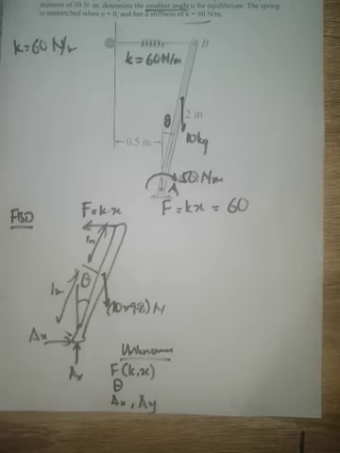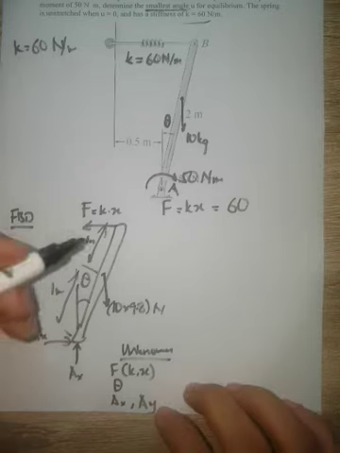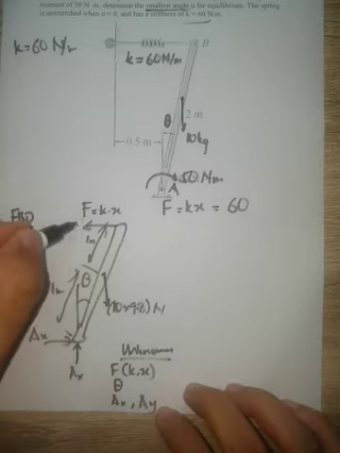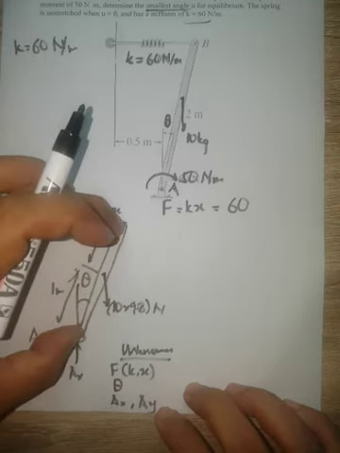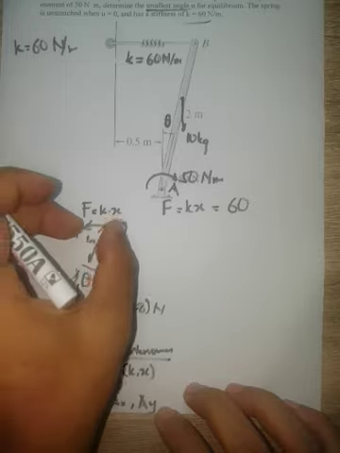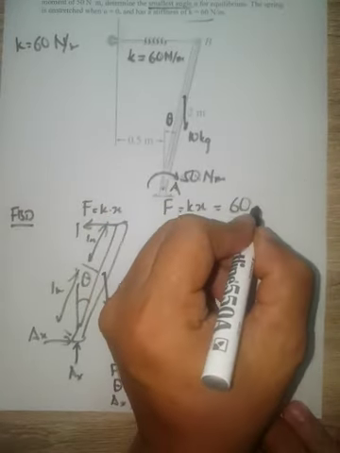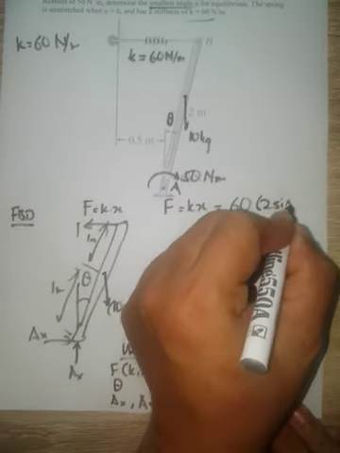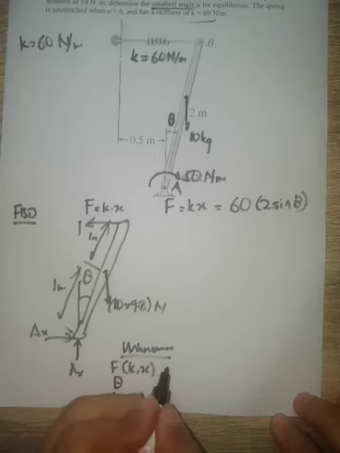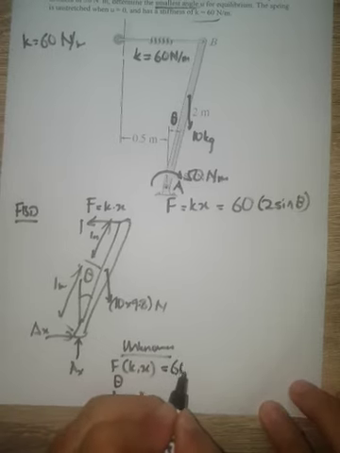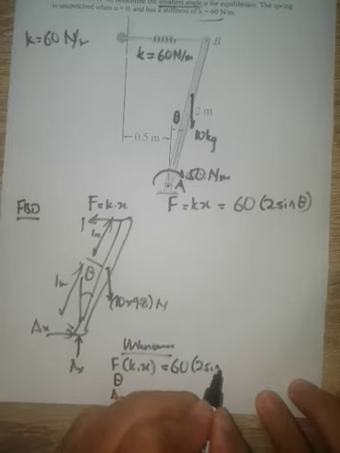X is the extension of the spring, the dimension from here to here. Since the length of the frame is 2 meters, this is equal to 2 sine theta. So we have defined F as 60 times 2 sine theta.